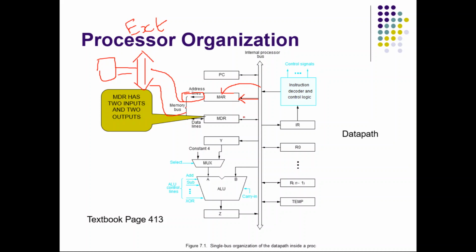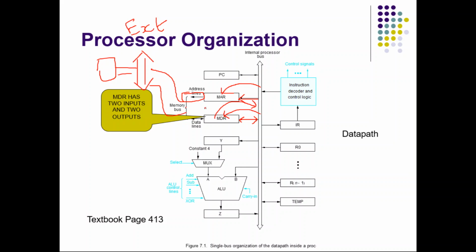But MDR is bidirectional. That means data can go from the CPU to MDR, the memory data register, or from MDR to the CPU. If the processor wants to write something to memory, the data will go from the internal bus to MDR.